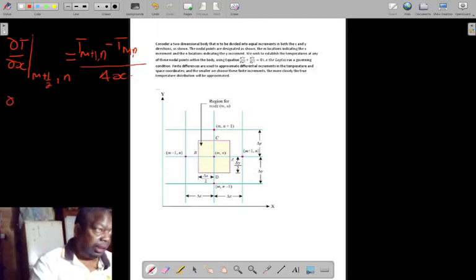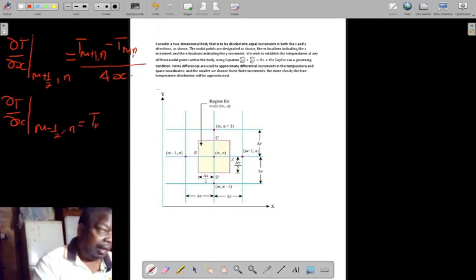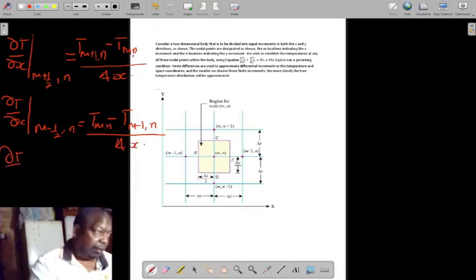Now dT/dx for, let's say, a node m minus a half comma n is equal to T(m, n) minus T(m-1, n) divided by delta x. dT/dy, now the movement is in the y direction.